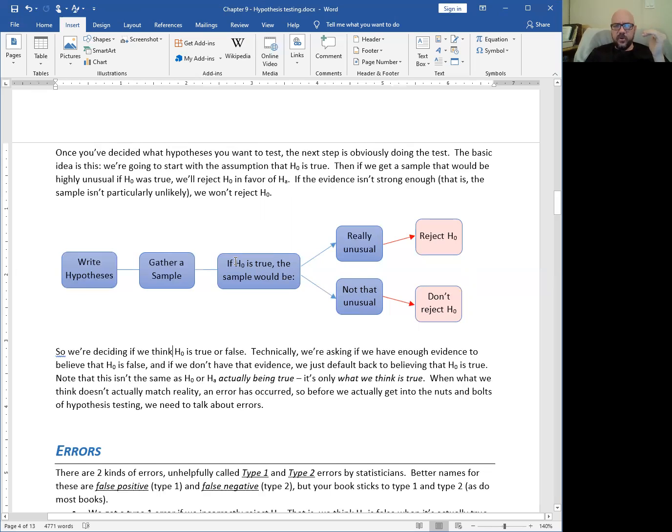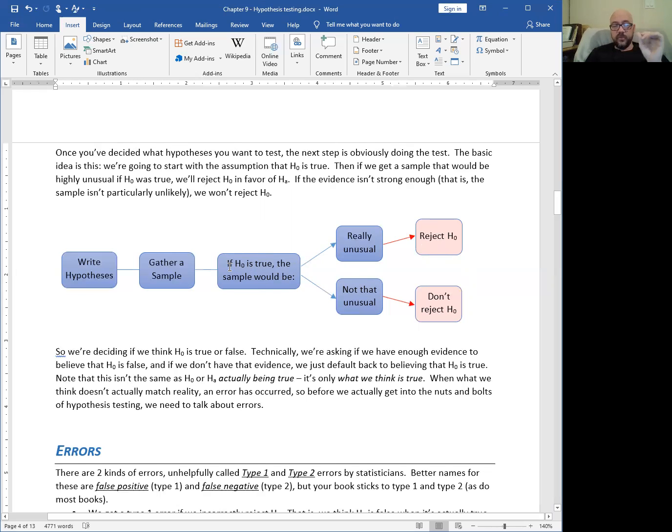If we think about the null hypothesis as true, then is that thing that we saw like crazy and weird? Then we should probably reject the null hypothesis, right? Because if something very unusual happened under the assumption that the null hypothesis is true, the most natural conclusion is that the null hypothesis probably isn't true.